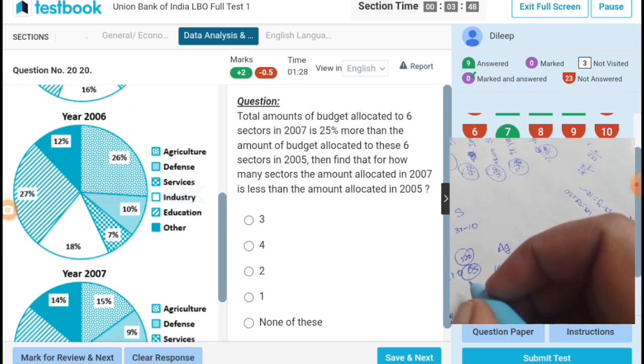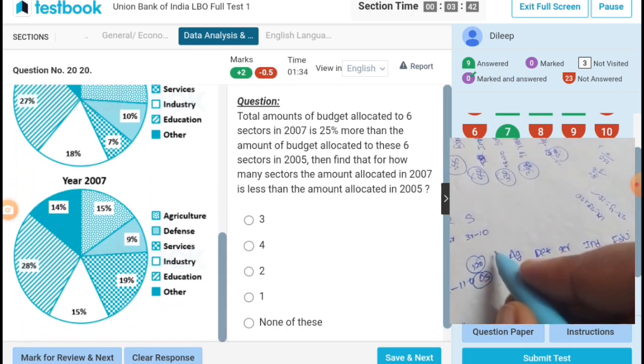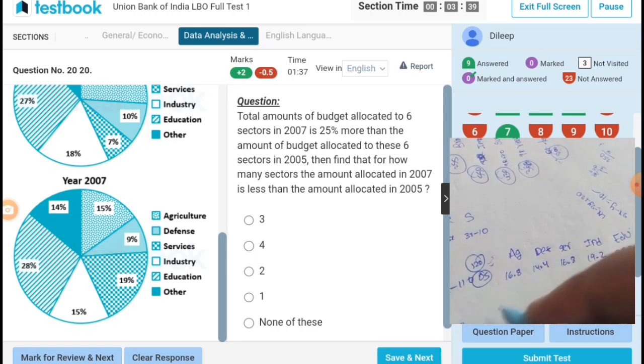the total amount of budget allocated to 6 sectors in 2017 is 5/4, 150.